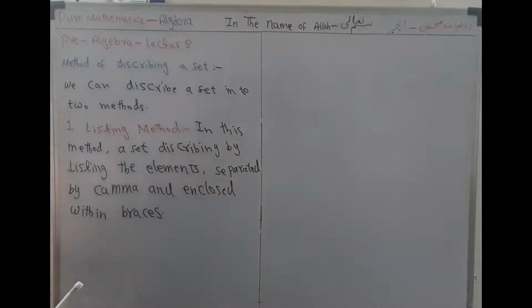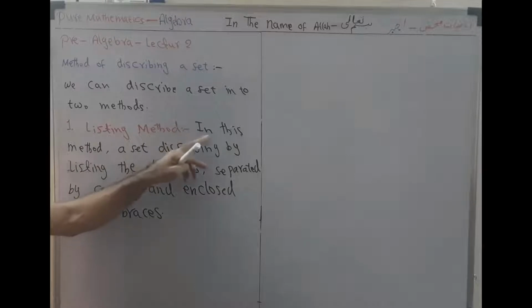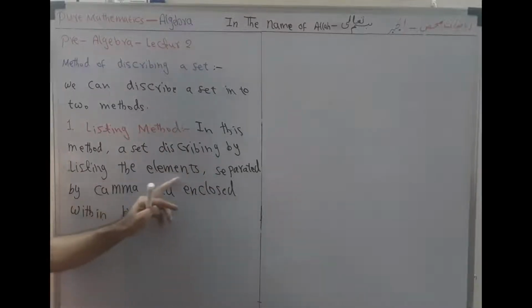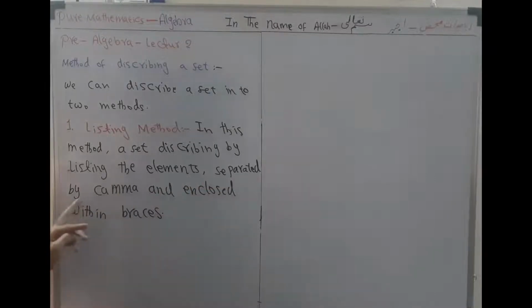It is the first method, listing method. In this method, a set is described by listing the elements separated by comma and enclosed within braces.